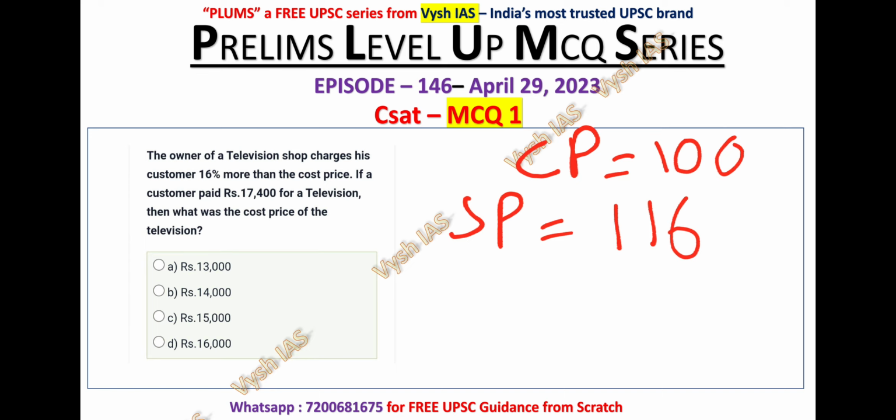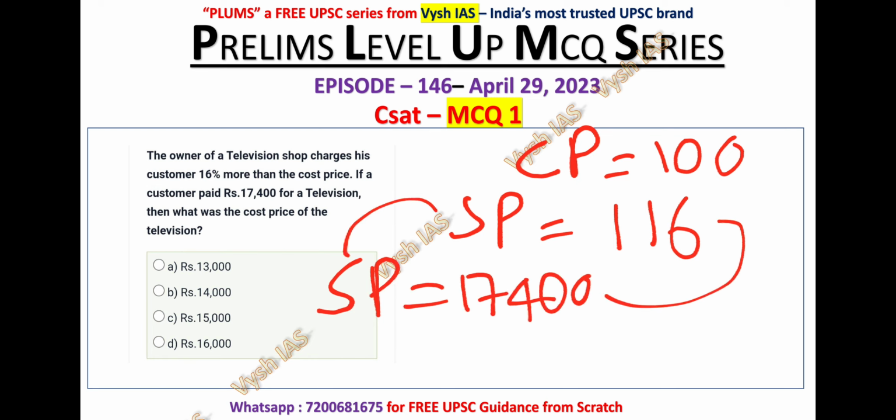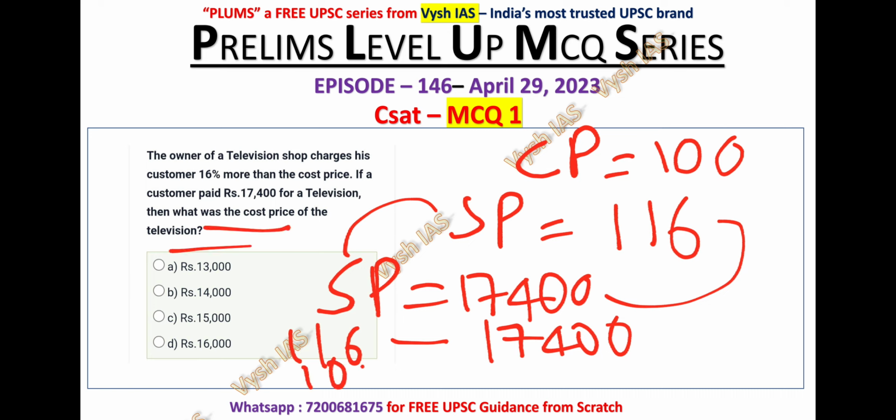If a customer paid 17,400, so the given SP is 17,400 and what we have assumed is 116. So for 116, the given value is 17,400. They are asking what will be the cost price, so what will be the value of 100? This is what we have to find out.